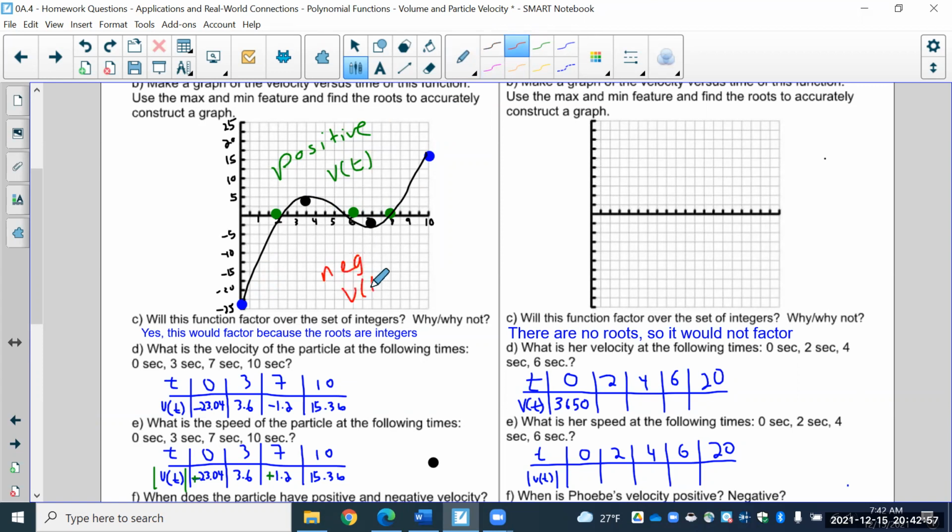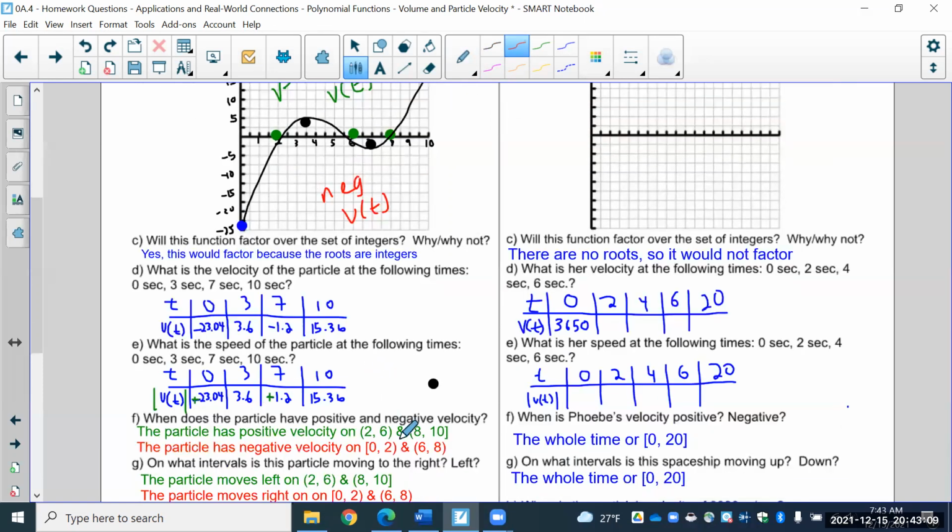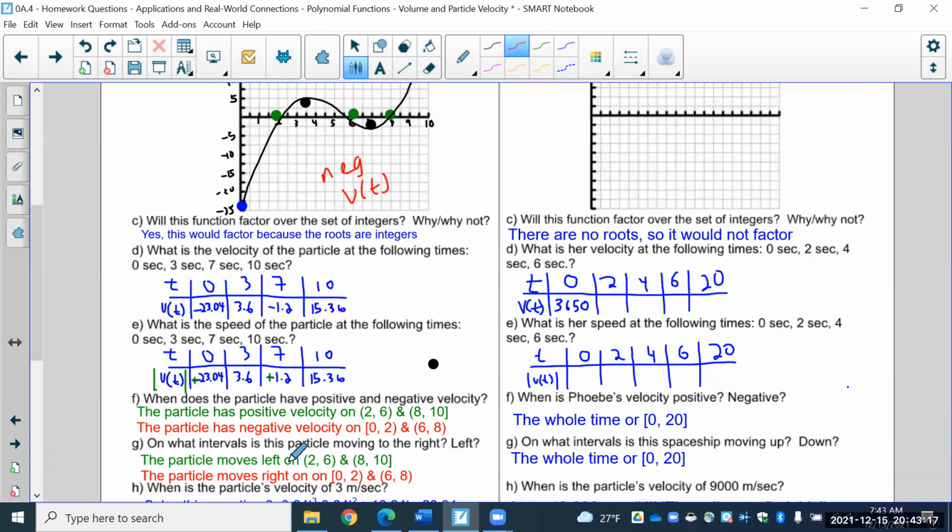So what that means is that this little hump here is positive, so from 2 to 6, and it's also positive from 7 to 10, and it's negative from, not from -25 on the x-axis, from 0 to 2, and from 6 to 7. So that's what you see me say there. I did include endpoint square brackets because it does end there. So the next question is the same, right?